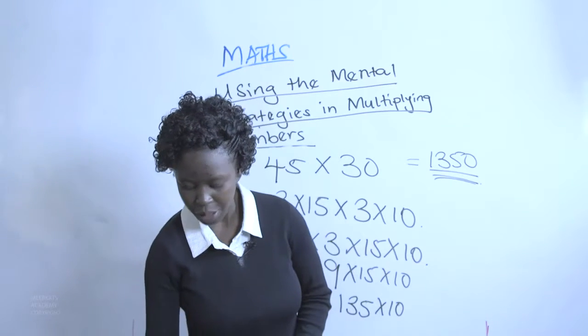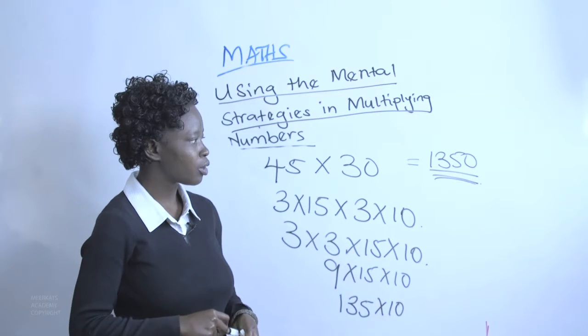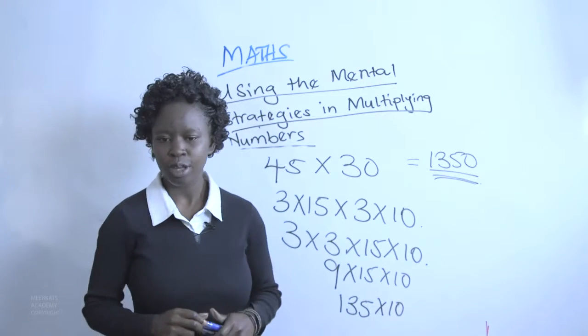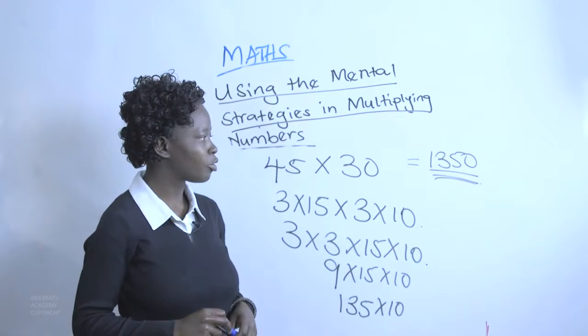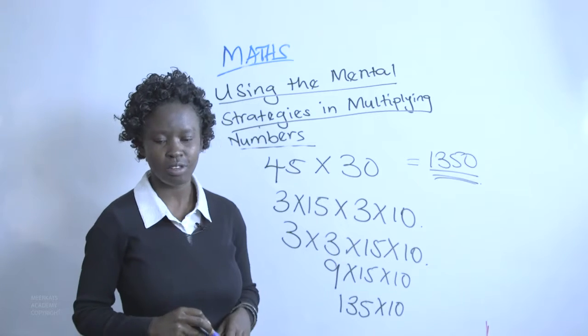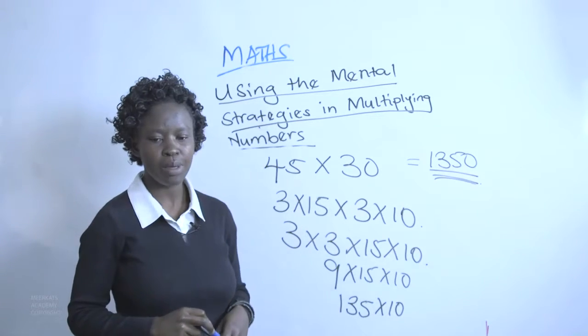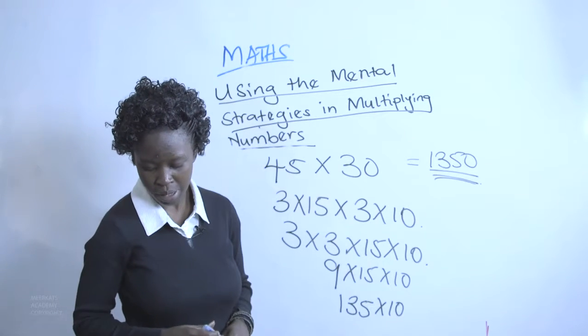So that is when we are combining the two laws that we've looked at, the commutative law and the associative law, whereby the order in which you're multiplying will not matter for the commutative law. And with the associative law, we are simply talking about the pair that you will start with will not matter. The result will be the same.